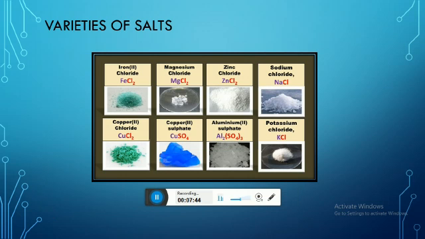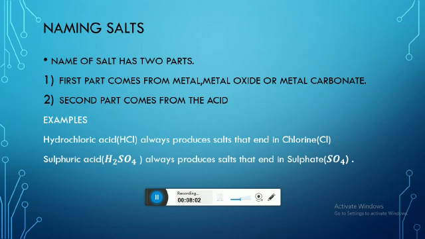So I hope the point is clear now. The first part comes from the metal, or metal oxides or metal carbonates. In iron chloride, iron is the metal, and the second part is from the acid, for example HCl, which gives the chloride.